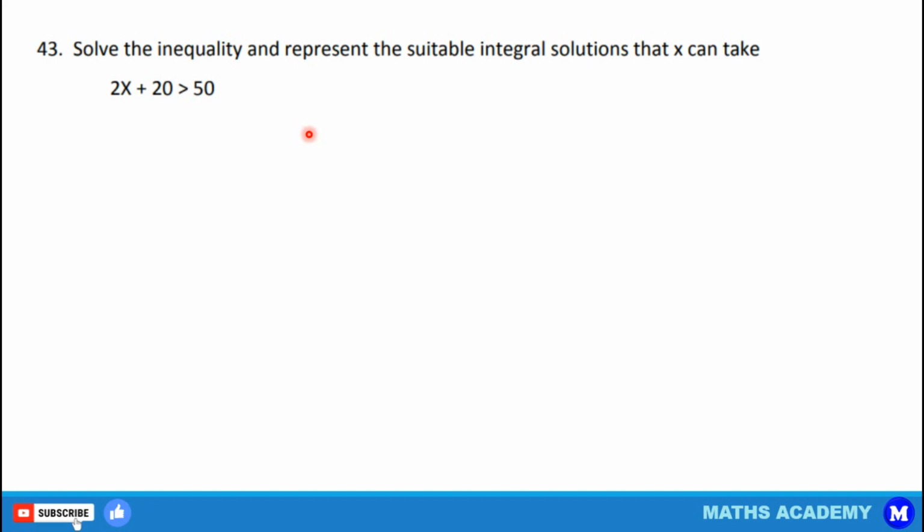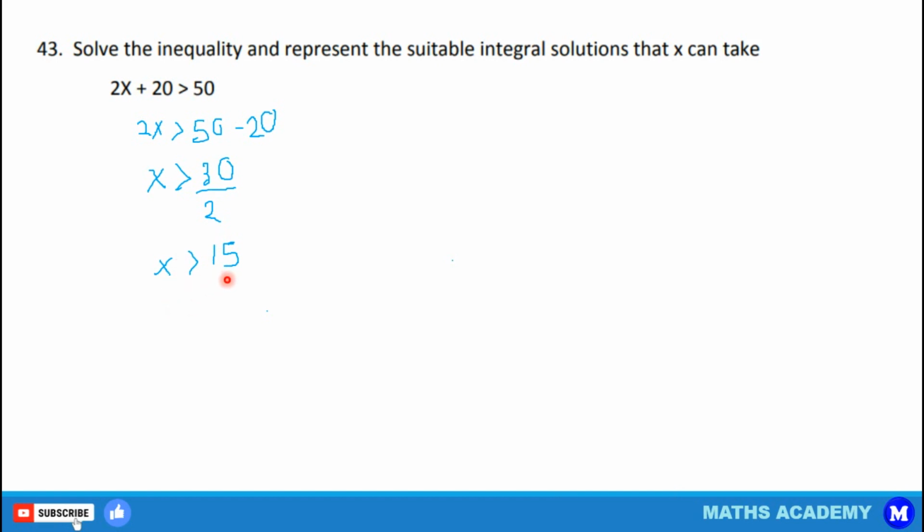So you should isolate 2x while taking 20 to the opposite side with the opposite sign, so you get 30. And now you should isolate x, so x equals 30 divided by 2, so that x equals 15. So now we have found out that x is greater than 15.